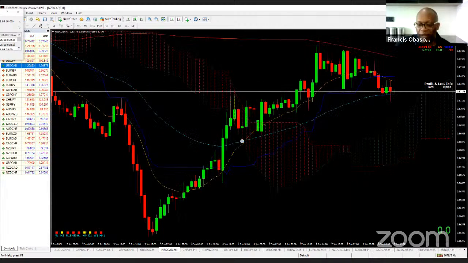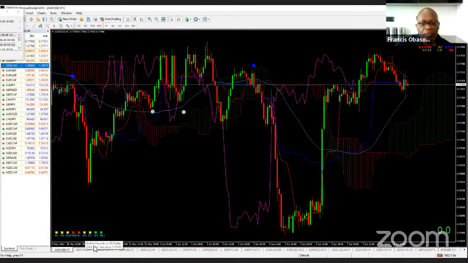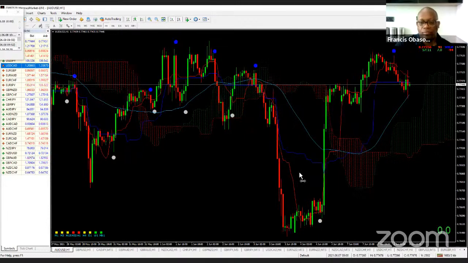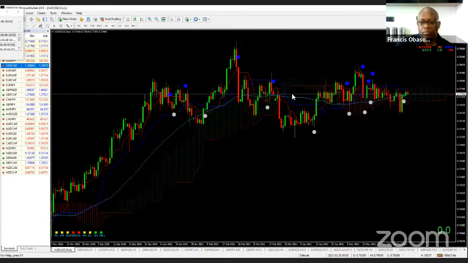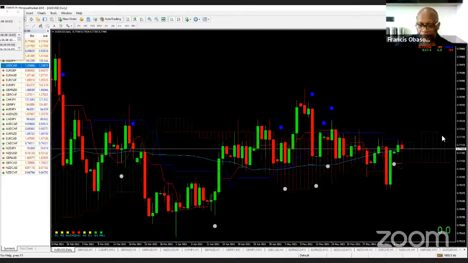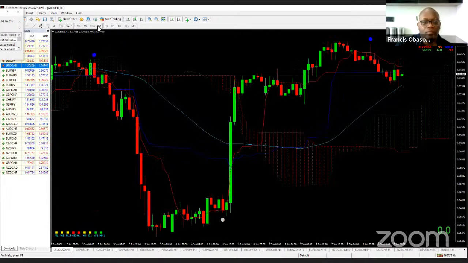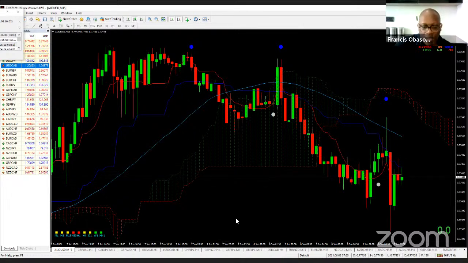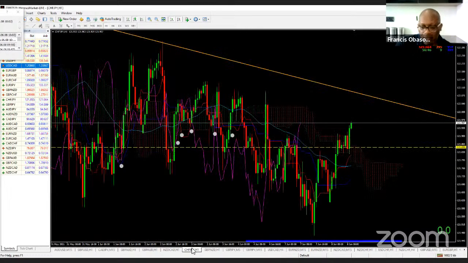After that, we'll be having a look at gold and indices to see if we can find some good setups. I'm not quite impressed with what I'm seeing on these pairs just yet.